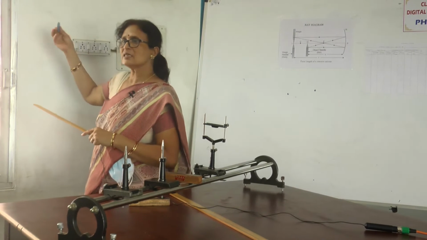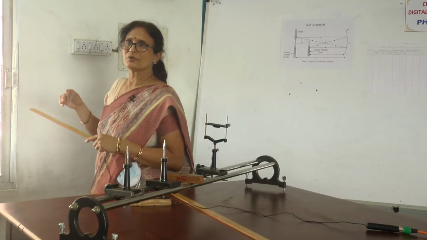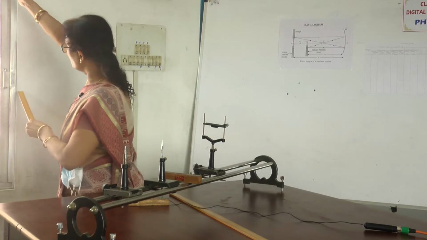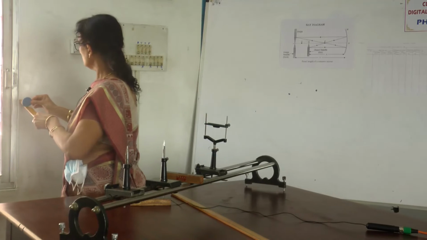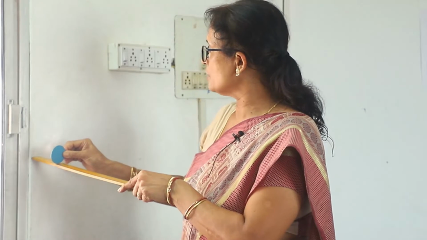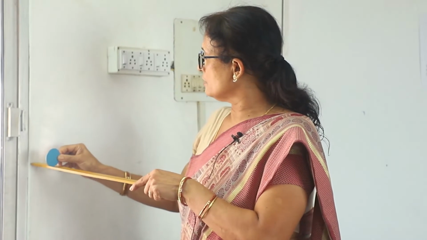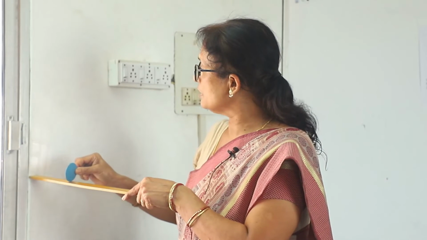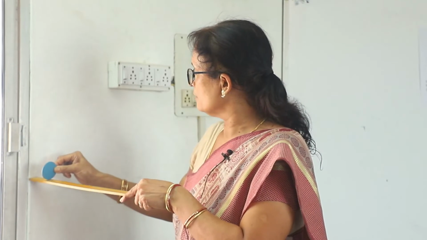When the object is at infinity, the image will be found at the focus. So we are going to focus the image of the distant building, which is quite far, on this wall.